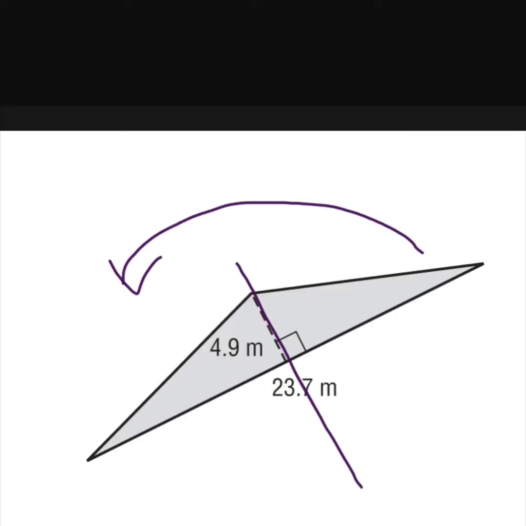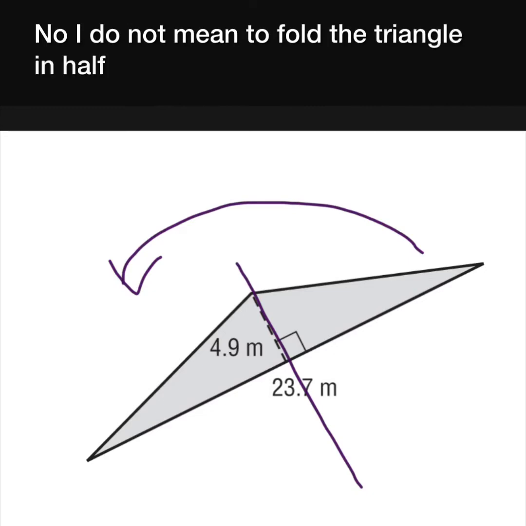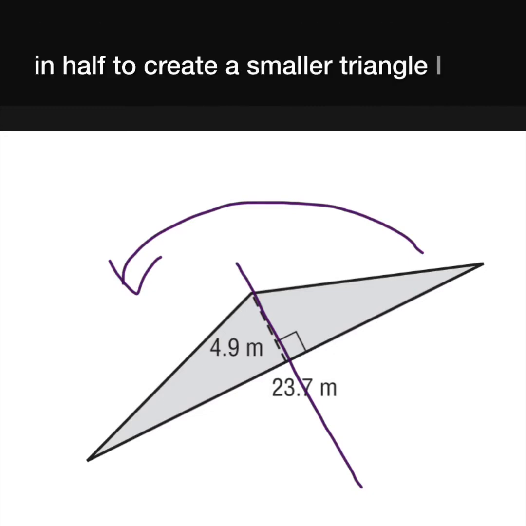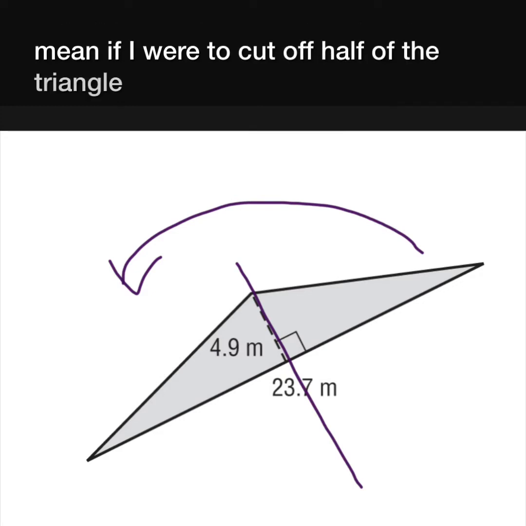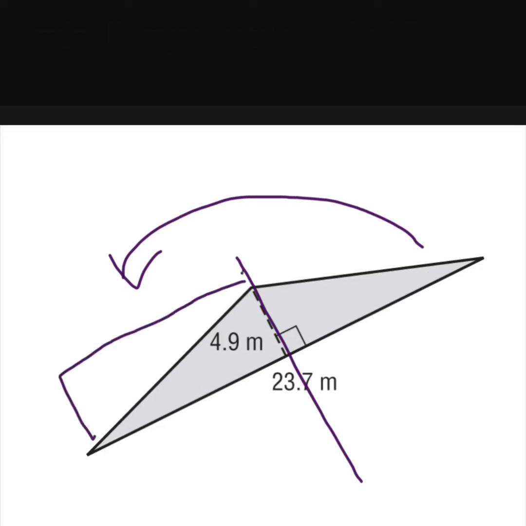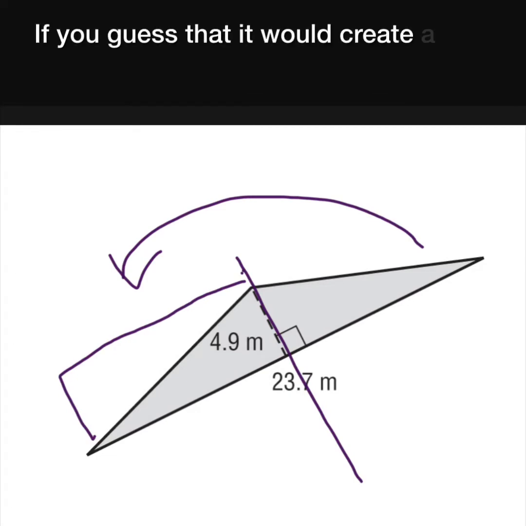Can you guess? Now, I do not mean to fold the triangle in half to create a smaller triangle. I mean if I were to cut off half of the triangle and invert it over the top of the other. If you guessed that it would create a rectangle, you are correct.